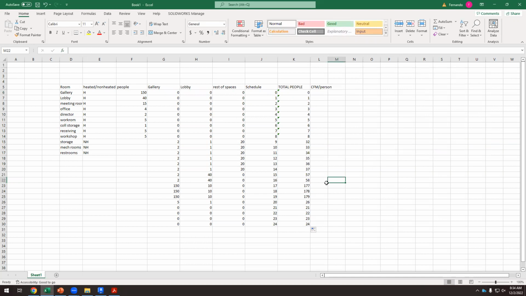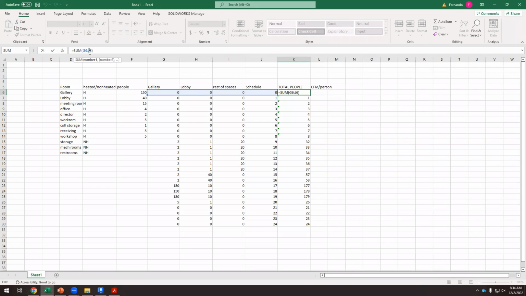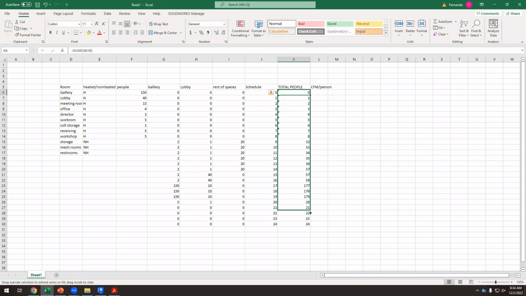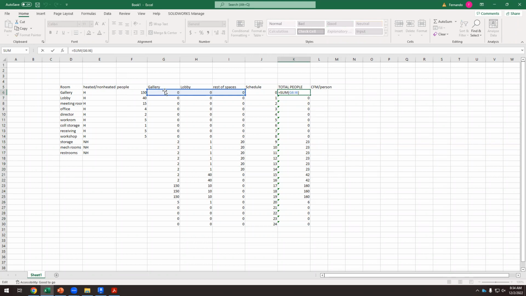No, I made a mistake here. Okay, I don't have to select the schedule. This is I6. So the total of people is the people that we have in the gallery, in the lobby, and the rest of the spaces.